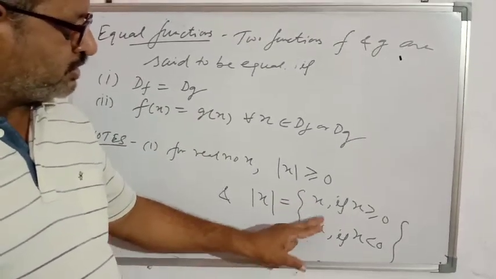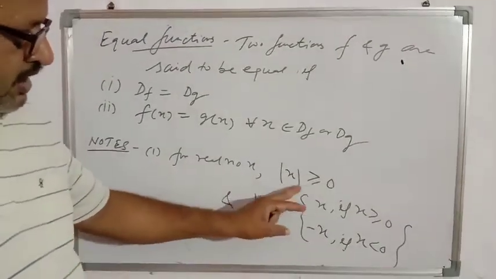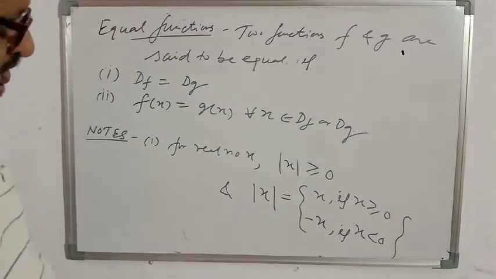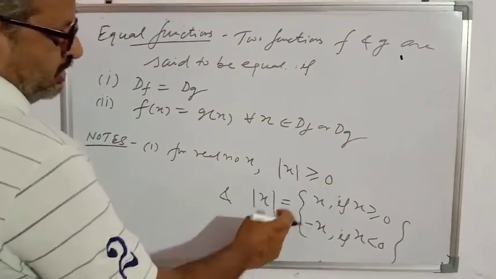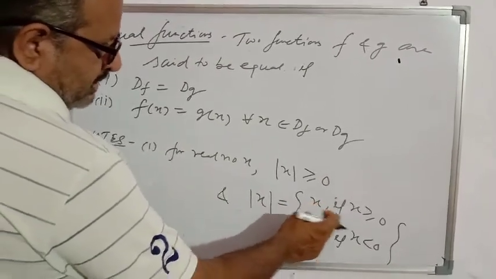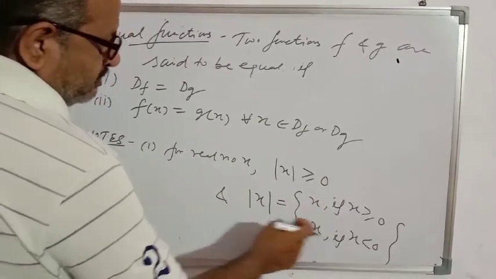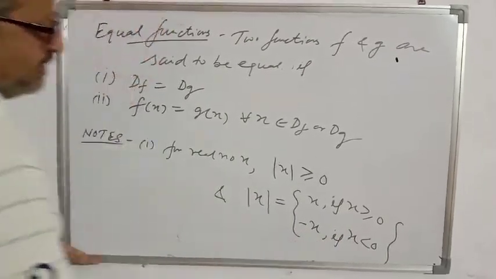When we put x is equal to minus x, minus into minus, it will become plus. So mod of x will be greater than 0. So real number mod of x greater or equal to 0, or we can write it like that, mod of x is equal to x if x greater than or equal to 0, mod of x is equal to minus x if x less than 0.